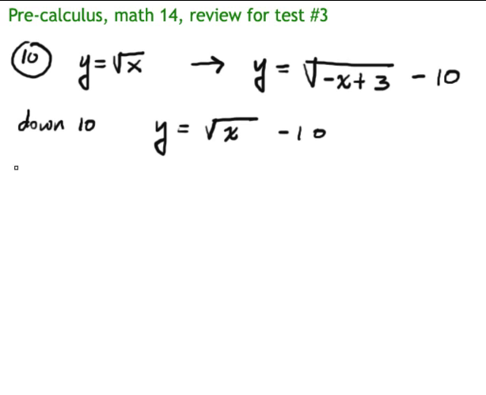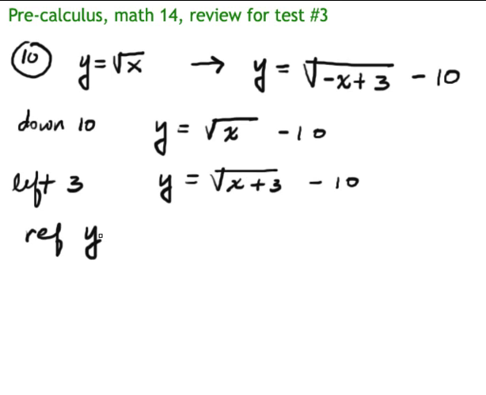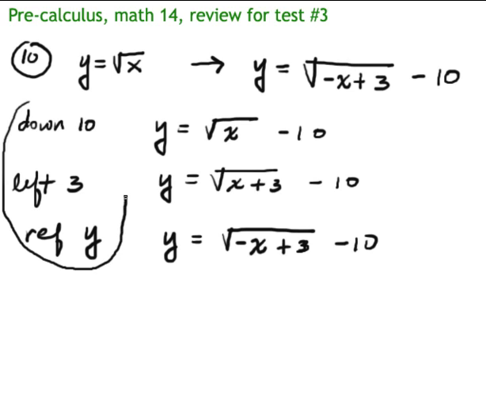And then we can do a left 3, and we have y is equal to the square root of x plus 3 minus 10. And then we could do a reflect y, that means replace x with minus x to get the result that we want, the square root of minus x plus 3 minus 10. Okay, so these three transformations done in this order will do the trick.